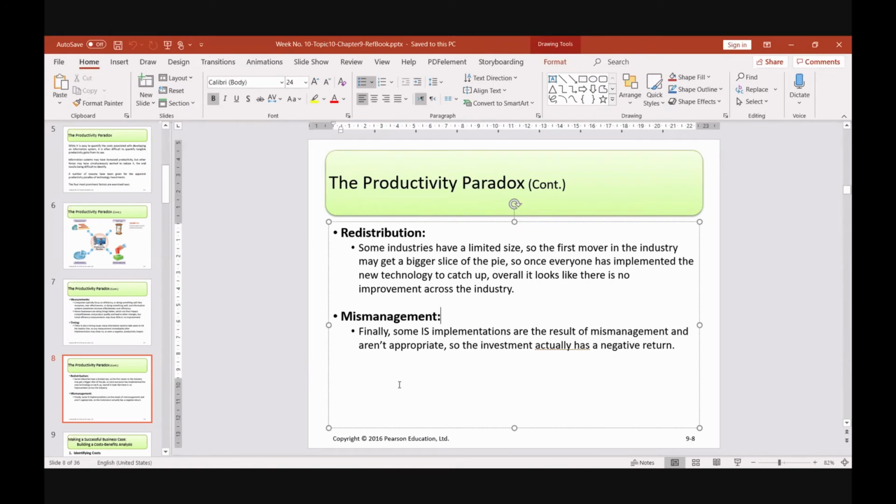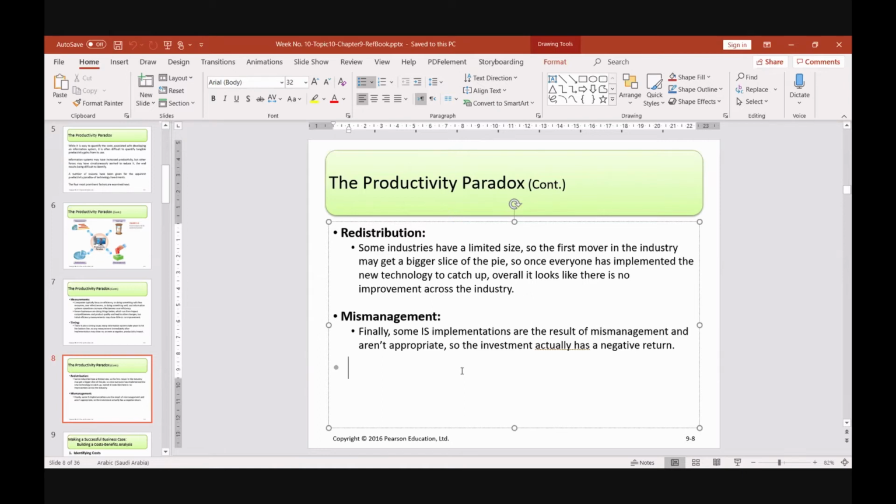And finally, mismanagement. Some IS implementations are the result of mismanagement and are not appropriate, so the investment actually has a negative return. You bought a new information system, but it does not solve the problem.